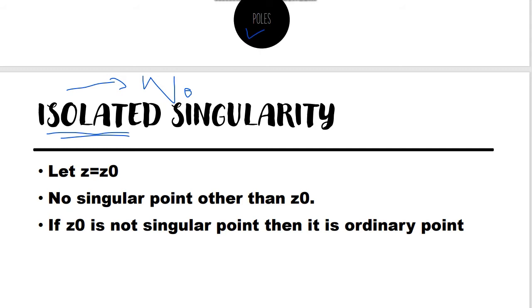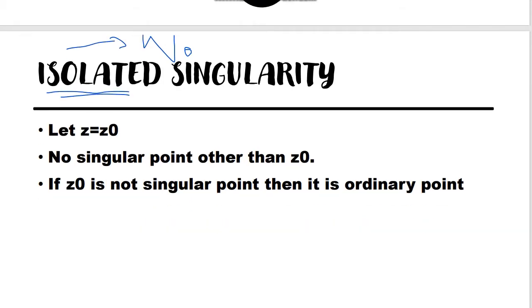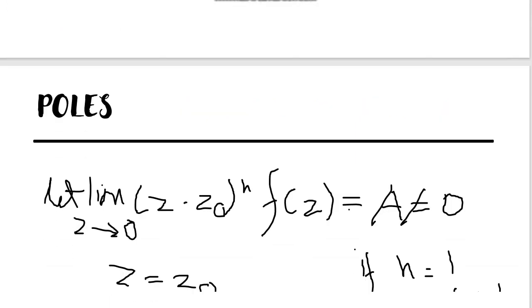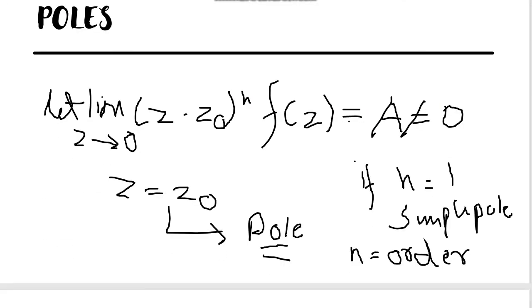So if z is equal to z naught is an isolated singularity, there is no other singular point than z naught.